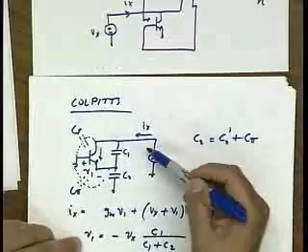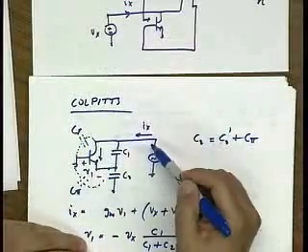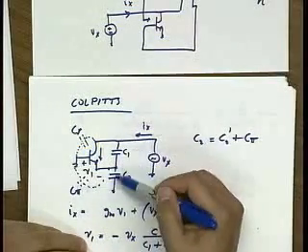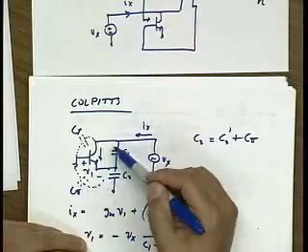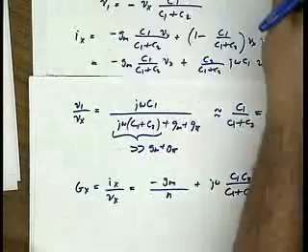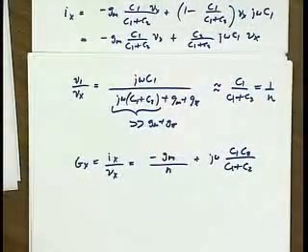Okay? So in other words, the input impedance looking into here is, let's say the input admittance is j omega c mu, right? Plus this in series with this, plus a negative resistance, which we find to be minus Gm over N. Okay? Any questions?